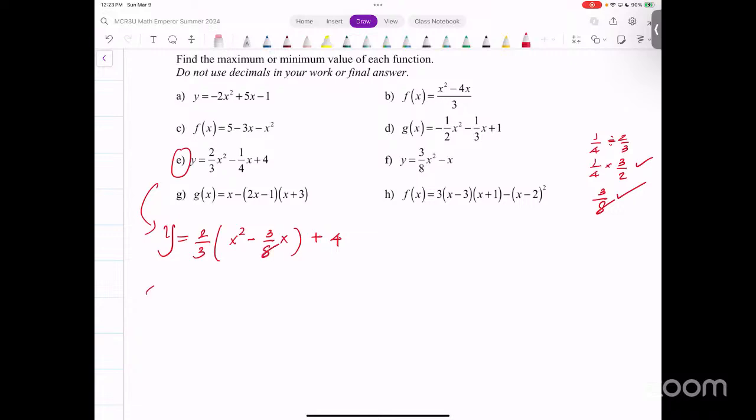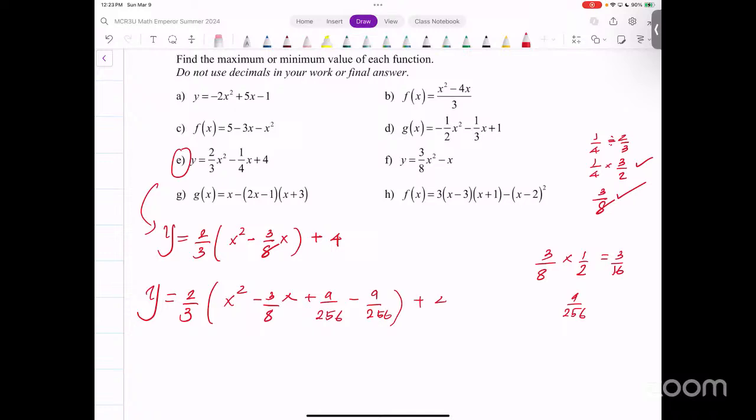Okay. So y is equal to 2/3 x squared minus 3/8x. We need 3/8's half. So how do I get 3/8's half? 3/8 times it by 1/2, which is 3/16. So we need the square of that. 9/256. So plus 9/256 minus 9/256.